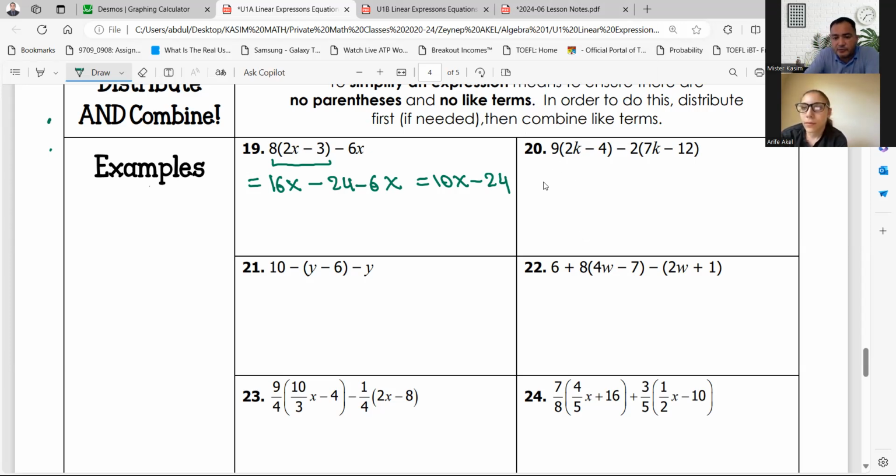Very good. 9 times 2k, it is 18k. 9 times negative 4, negative 36. So we are done with this. Negative 2 times 7, negative 14k. Negative, negative, positive 24. 18 minus 14, it is 4k. Negative 36 plus 24, negative 12.